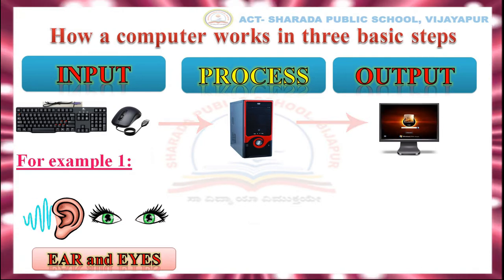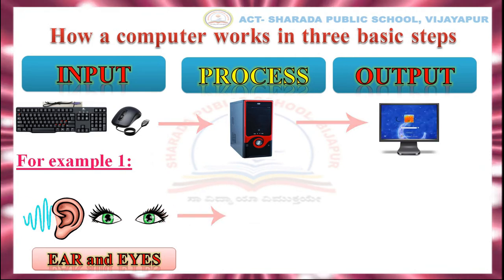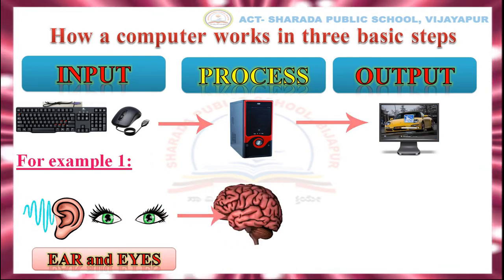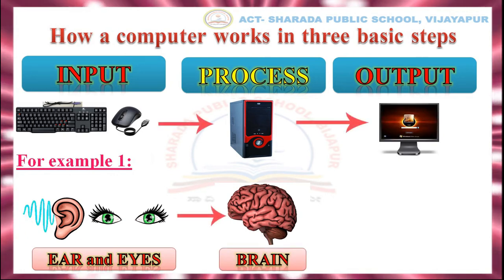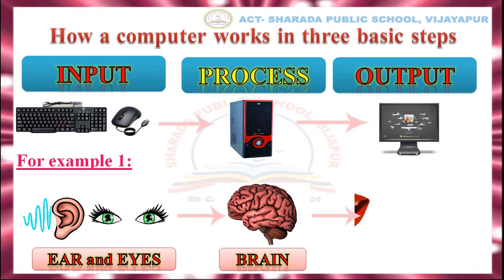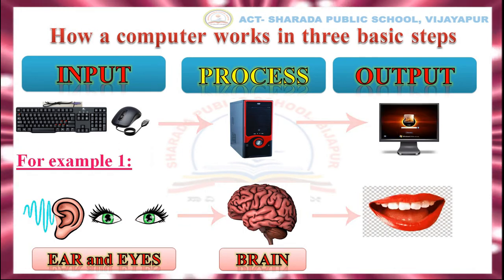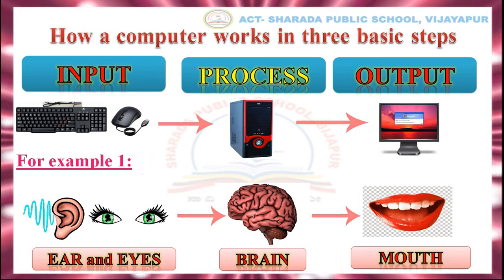Our brain stores everything that a teacher says, then it thinks of an answer and orders us to speak. In this way, the brain works like a processing unit. When we answer with our mouth, it works like an output unit.